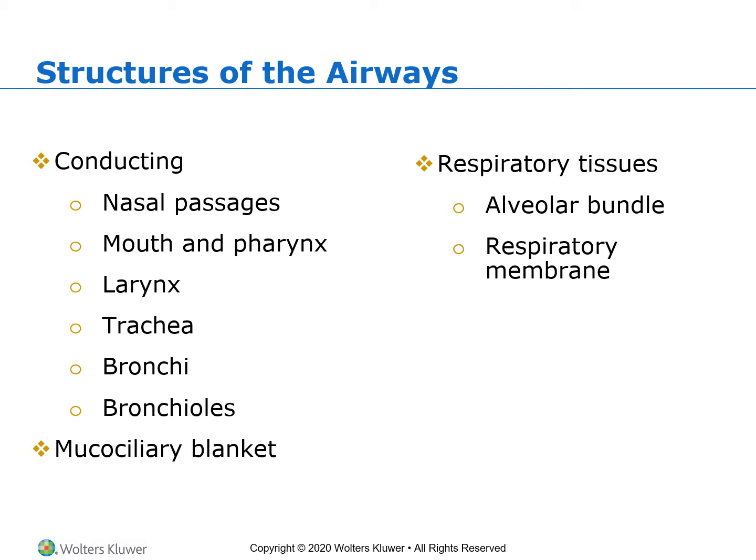Larynx is next, and the larynx has two roles. One role is in the air passage, and the other role is in speech. Because we have the vocal folds in the lower part of the larynx, that produces the vibrations, and then we have those vocal sounds. After the larynx is the trachea, and the trachea, bronchi, and bronchioles form that tracheobronchial tree.